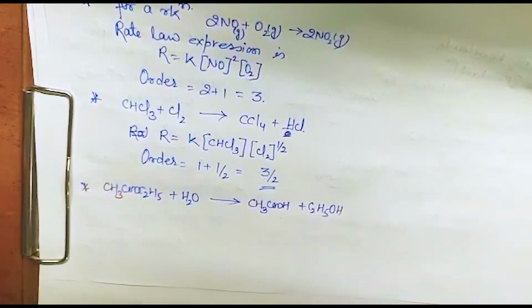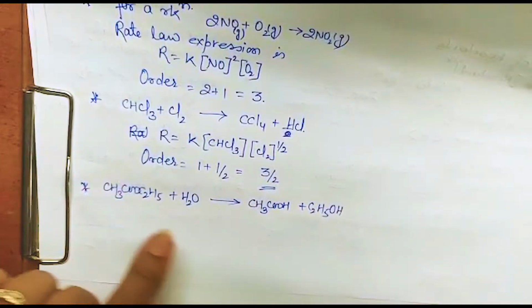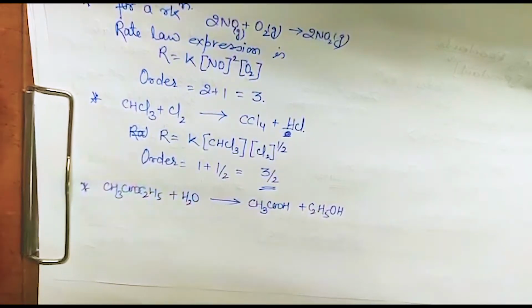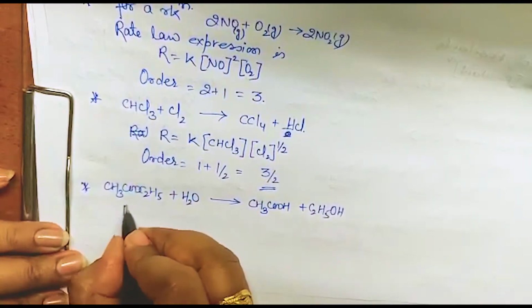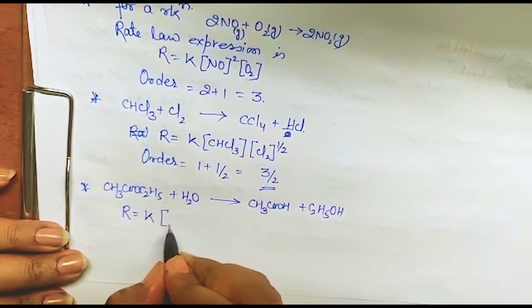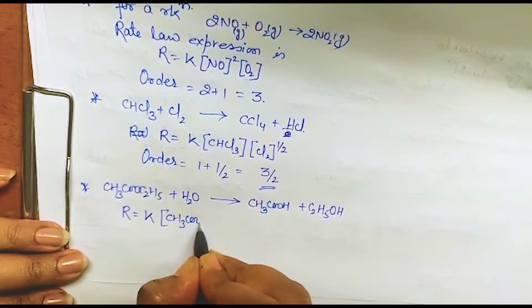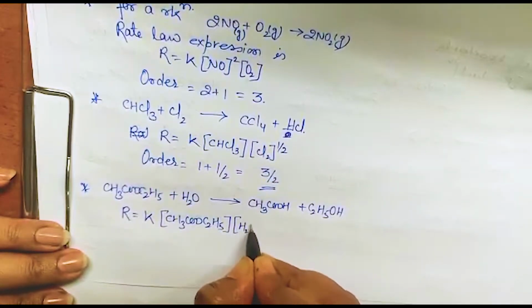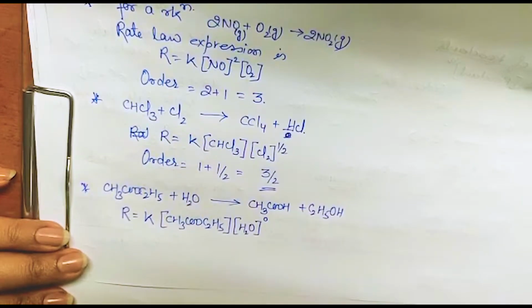And according to the equation, the stoichiometric coefficients are 1 and 1, so the order should be 2. But if we check the rate law expression, R is equal to K [CH3COOC2H5] and [H2O] power 0.